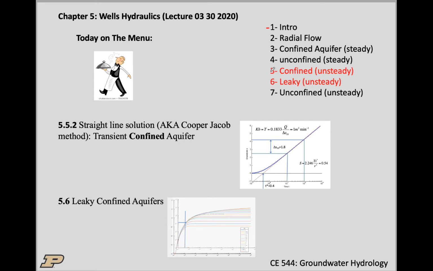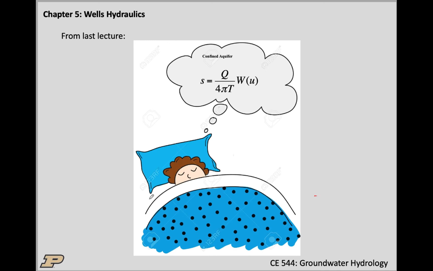Today we'll see another method to get to the same numbers, which is the transmissivity and the storativity of a confined aquifer using transient flow data or drawdown data in a well. And then I will introduce the problem with the leaky confined aquifers, and I will continue on Wednesday on that topic.